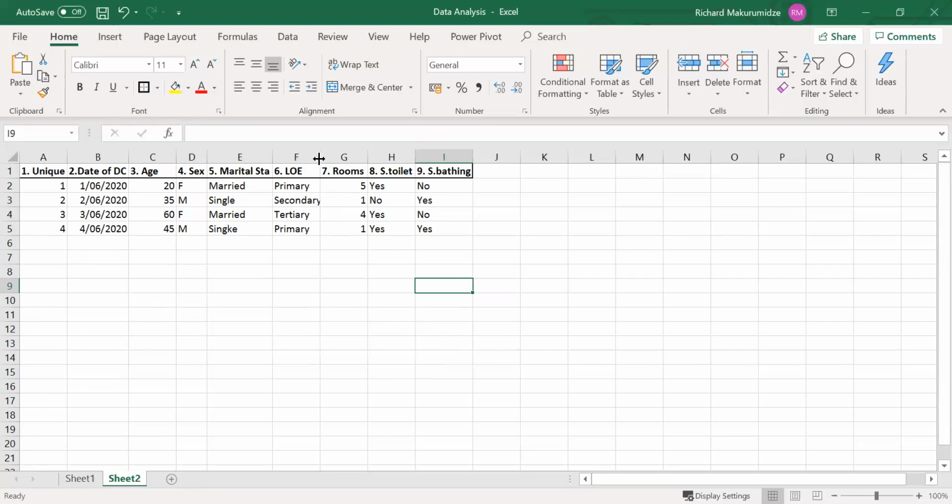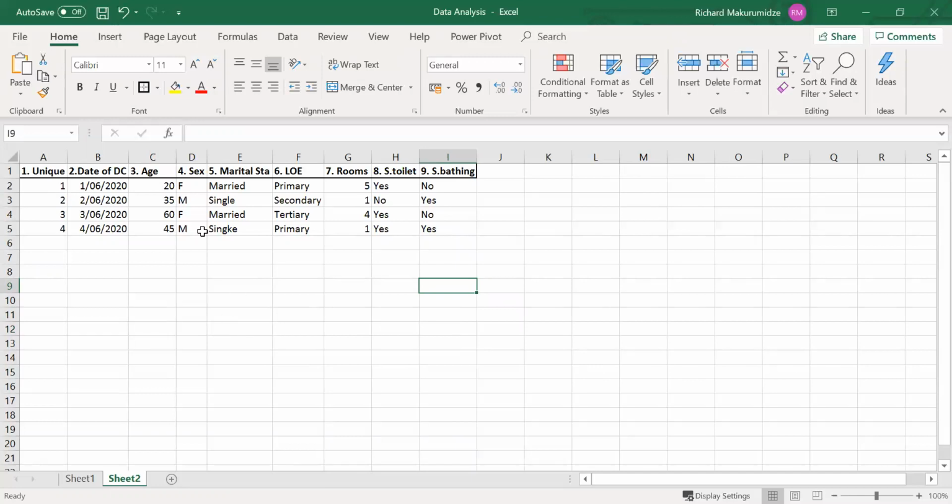So make sure you capture all your questionnaires into a database. When you have captured all of them in your database, you can now start data analysis and start analyzing your questions. Remember, by data analysis, we want to see, in terms of age.